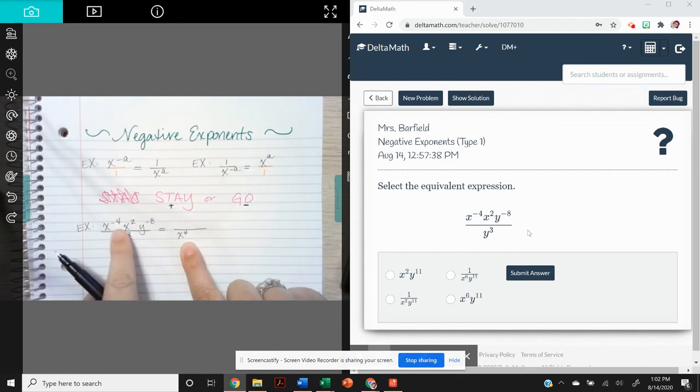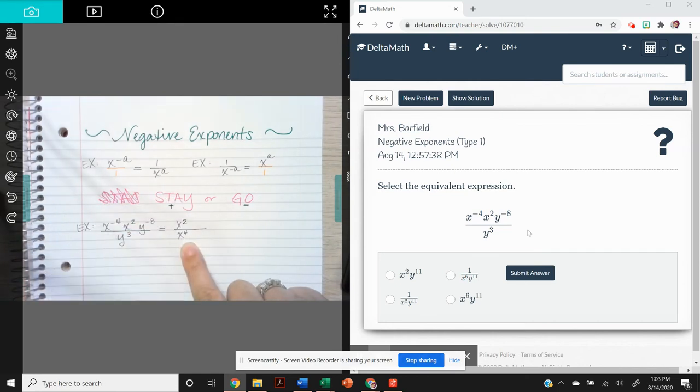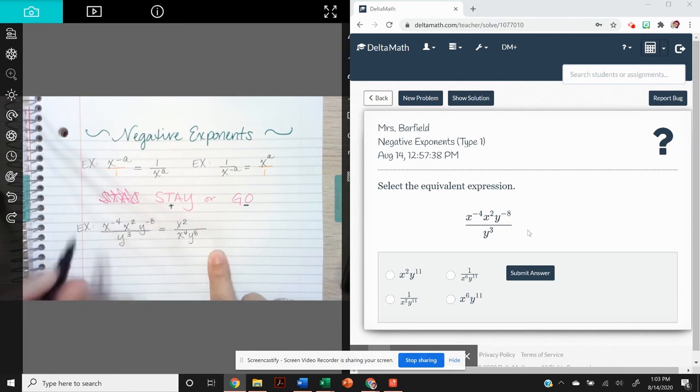All right, now I go to the next one. X squared. Does it stay? Does it go? It stays. So I write it where it stays, on the top. Y to the negative 8. Does it stay? Does it go? It goes to the bottom. Okay, so there's my numerator.